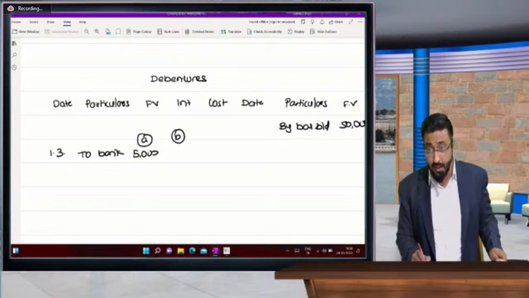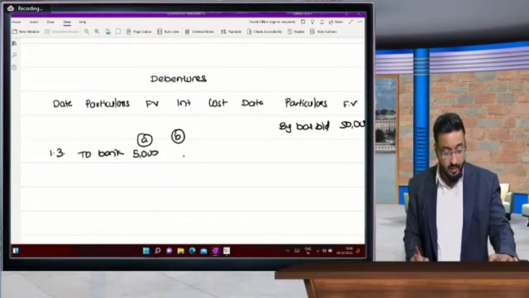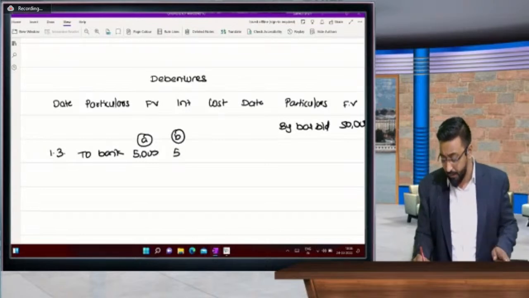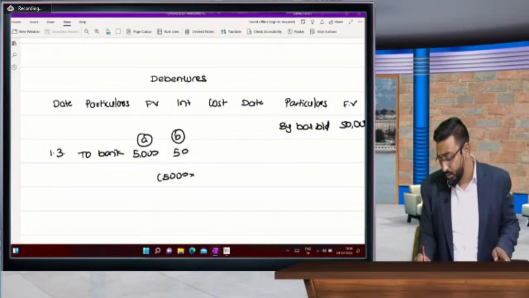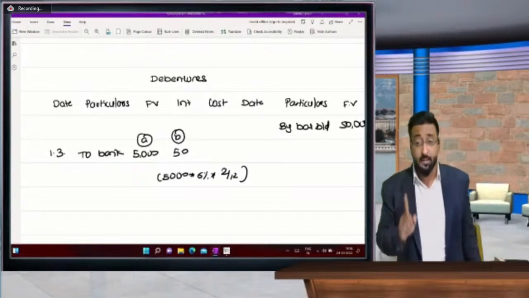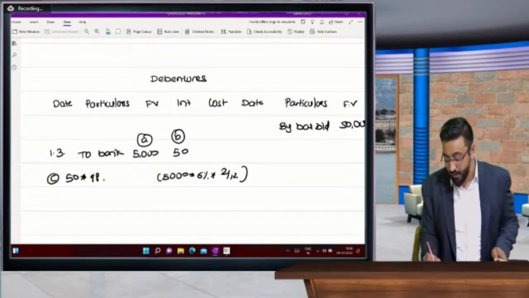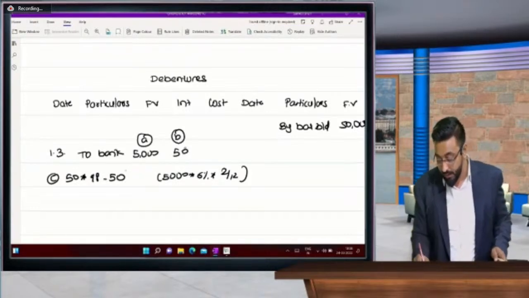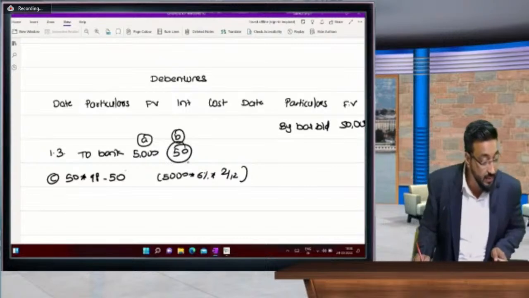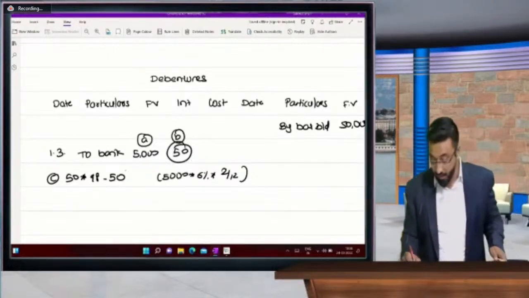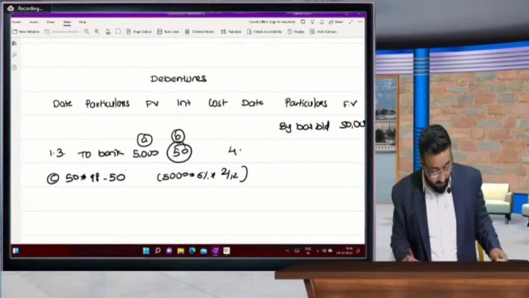B, interest, I think 50. How is it calculated? 5,000 into 6% into 2 by 12. Don't refer to the answer. C, cost: we bought it for 4,900. And this is cum interest, so whenever it is cum interest, we are going to reduce it. Minus 50. Very good. And then we have written here 4,850.